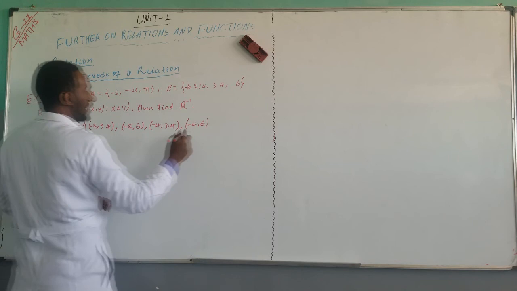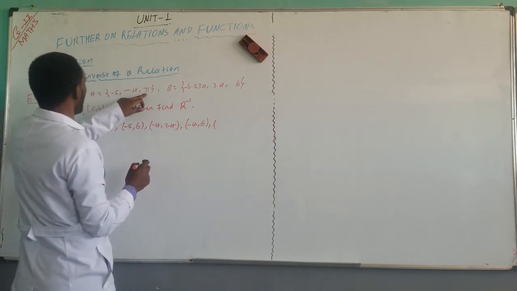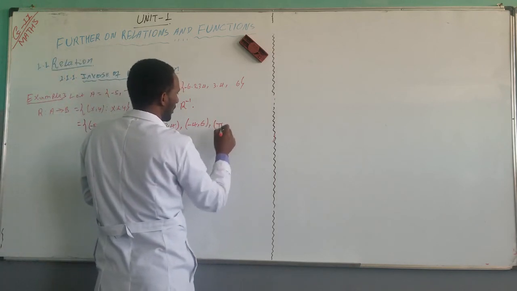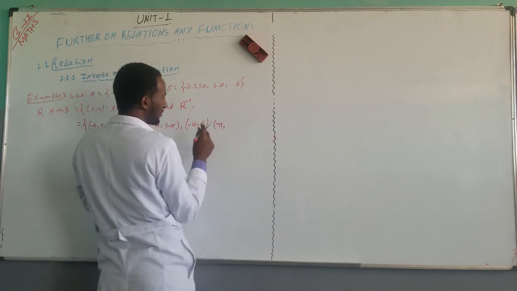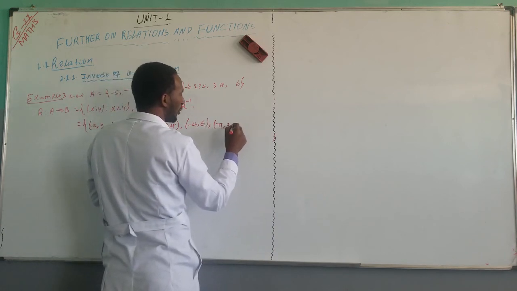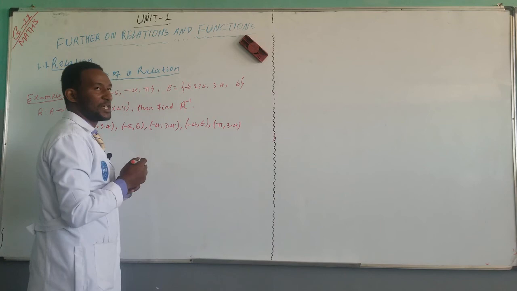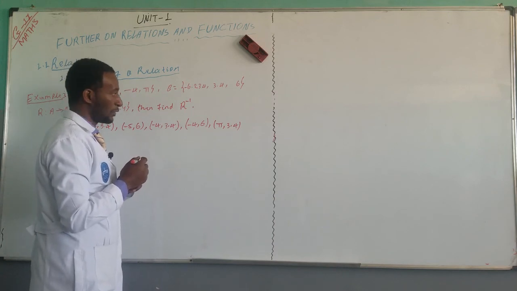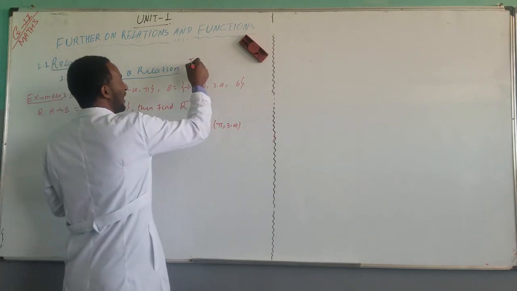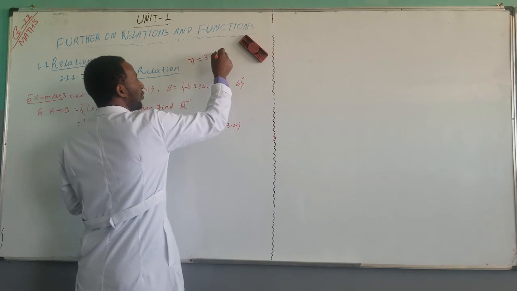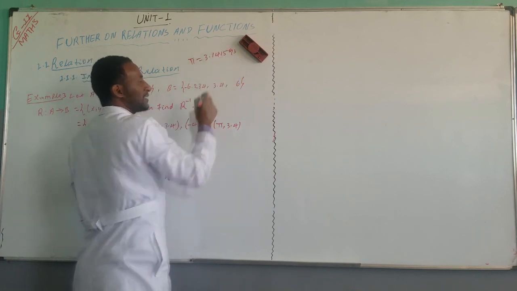Then the other one is when we take pi. We can say (pi, 3.4), because the value of pi is 3.141593, as I think.